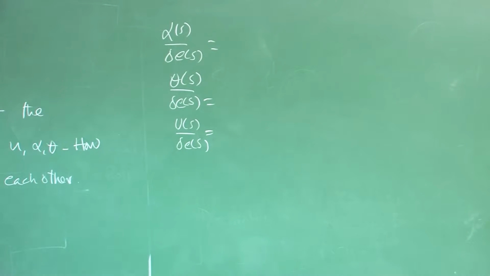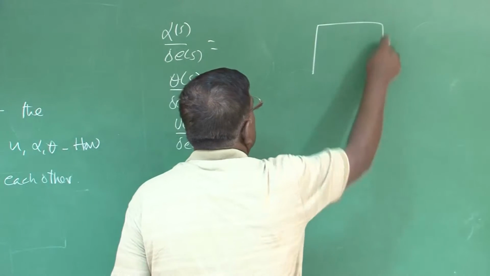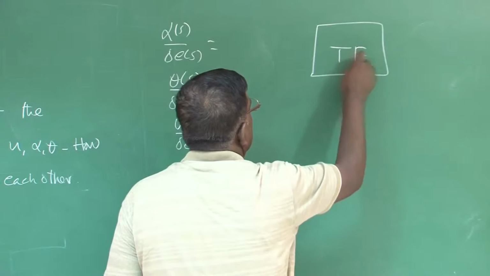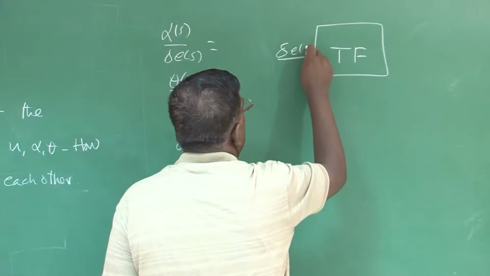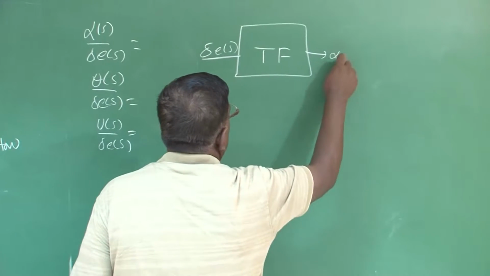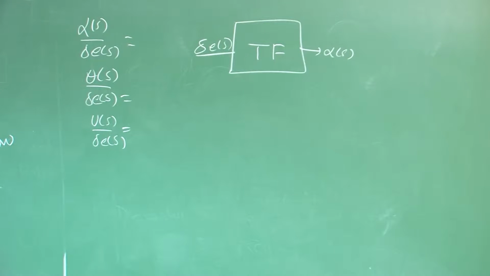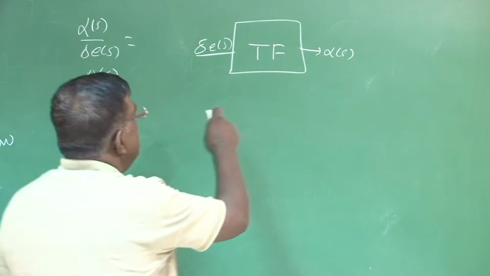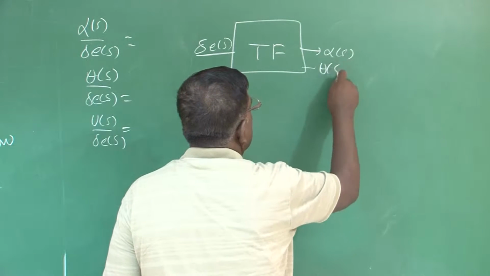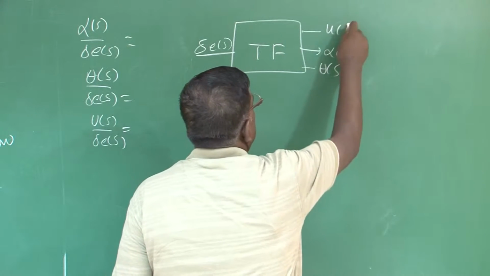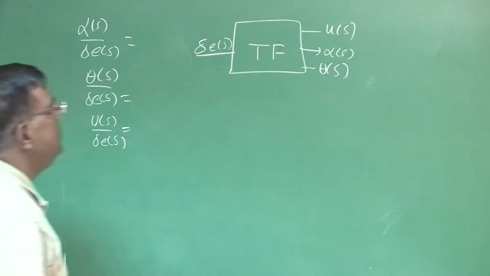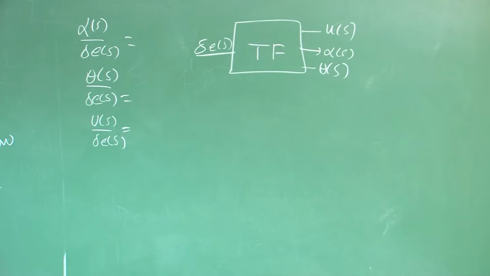And what does it tell you? That if I have an aircraft system, this is a transfer function. If I give a delta E of s, I know what will be the output alpha of s, right? This is input output. Similarly, for this delta E of s, what will be theta of s? Similarly, what will be U of s? Right? This is typically longitudinal motion.